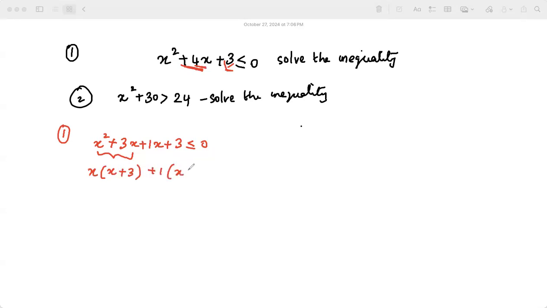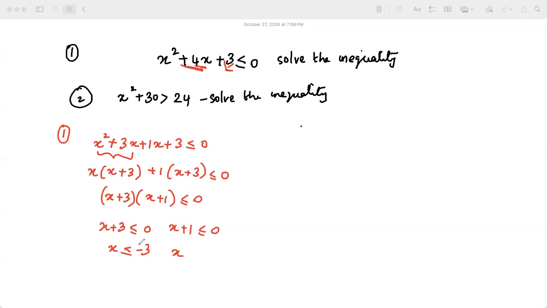Then plus 1 comes as common, x plus 3. Now, x plus 3 is common, x plus 1. x plus 3 is less than or equal to 0. x plus 1 is less than or equal to 0. x is less than or equal to minus 3. Right? x is less than or equal.